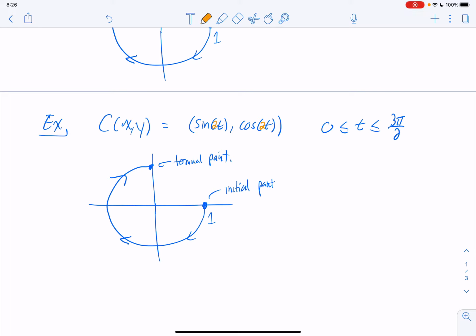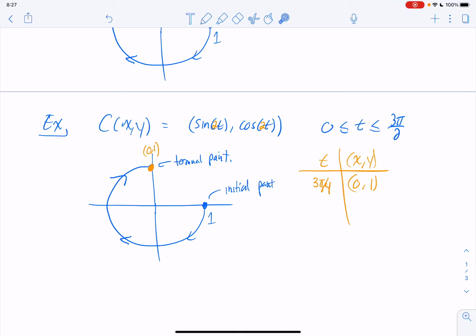So what that means, for example, and this is where you have to start disassociating the parameter from the point on the curve. Because, for example, this point is the xy coordinate 0, 1. However, if the xy coordinate is 0, 1, then the t parameter that we're looking at there, in this case, is going to be 3 pi over 4.